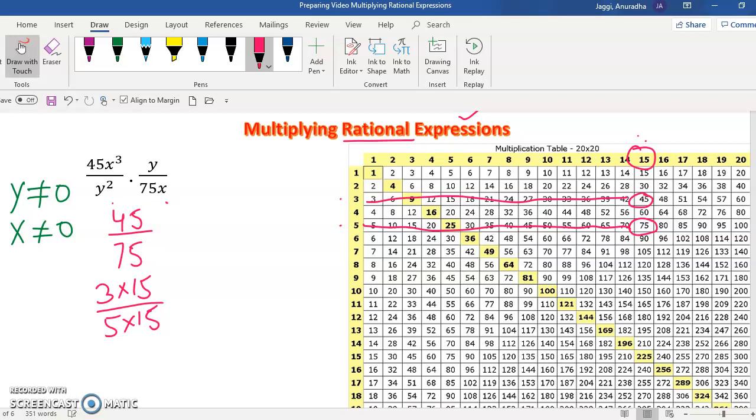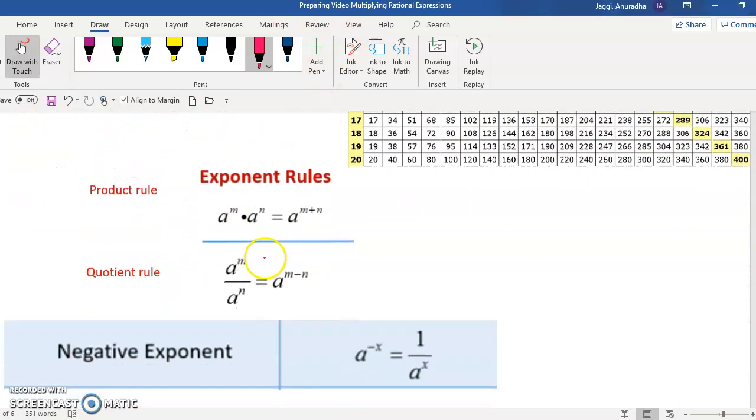Okay, let's talk about the variables now. Let's first copy them down. I have an x cube in the numerator, a y in the numerator, and then there is a y square in the denominator and an x in the denominator. I'm going to simplify this using the exponent rules. A quick recall of the exponent rules.